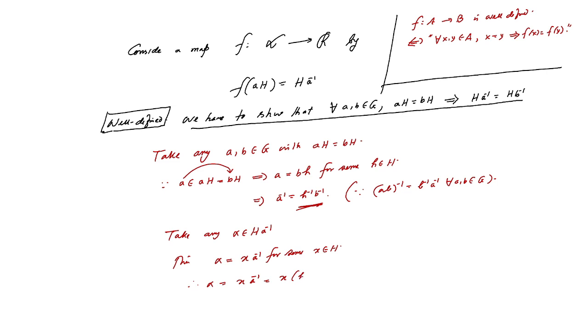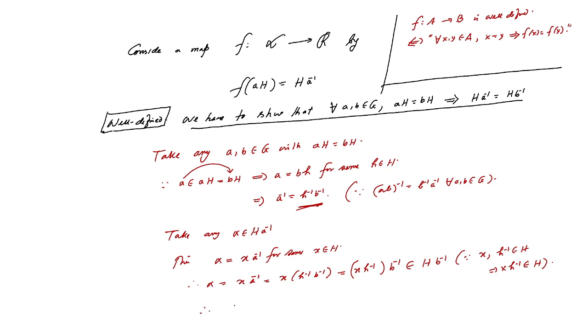So x h inverse b inverse belongs to Hb inverse. Why? Because x and h inverse both belong to H, that implies by the closure property x h inverse belongs to H.